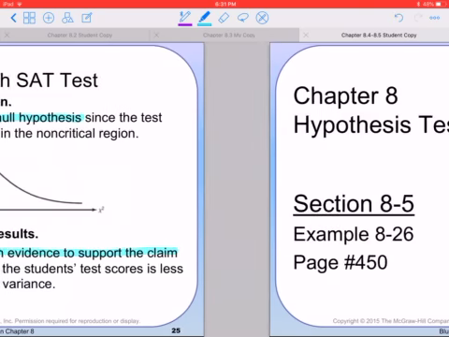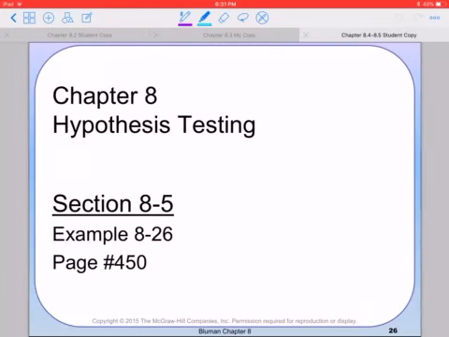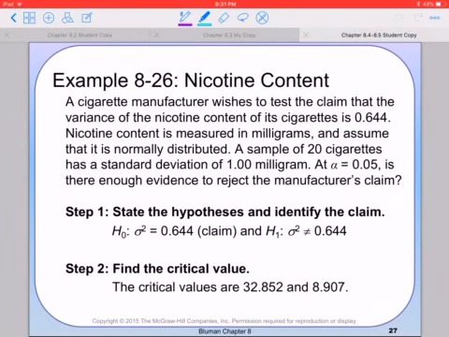All right, one last example, and then we'll be done with our equivalent instructional activity. All right, so nicotine content. The cigarette manufacturer wishes to test the claim that the variance of the nicotine content of its cigarettes is 0.644. Nicotine content is measured in milligrams and assumed to be normally distributed.